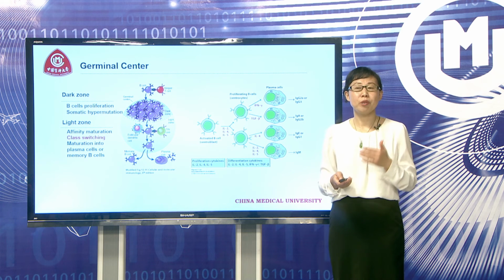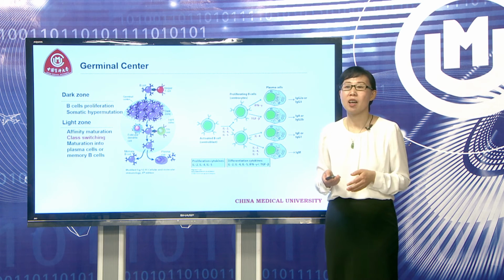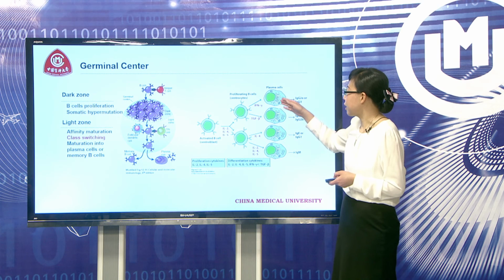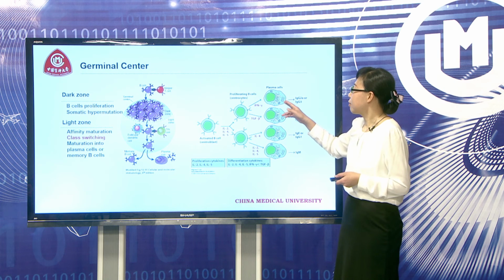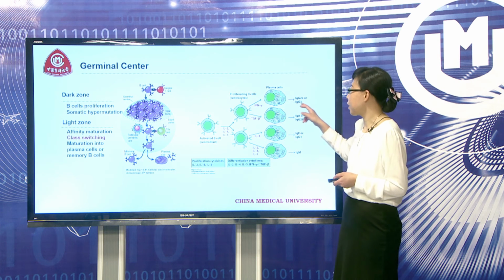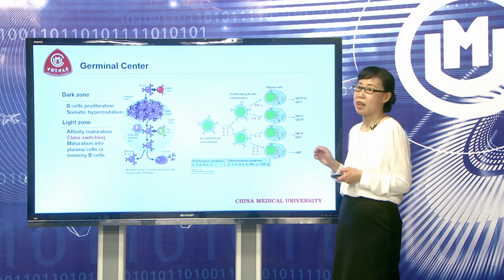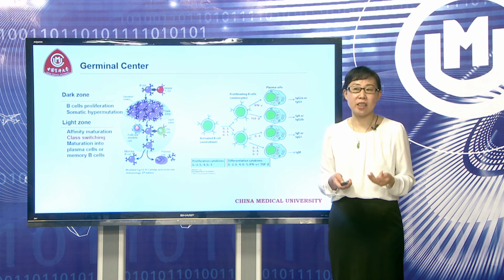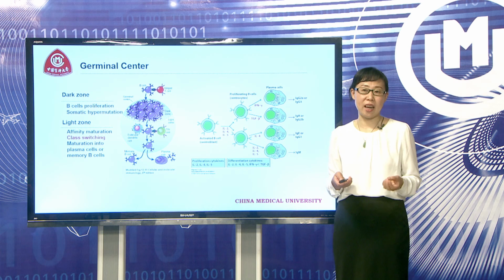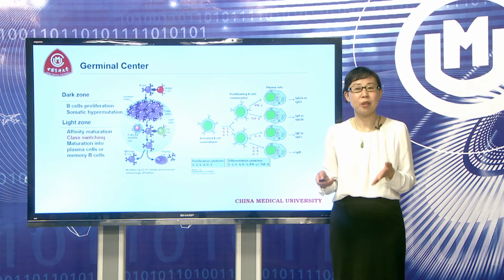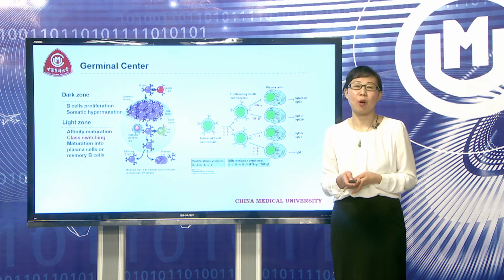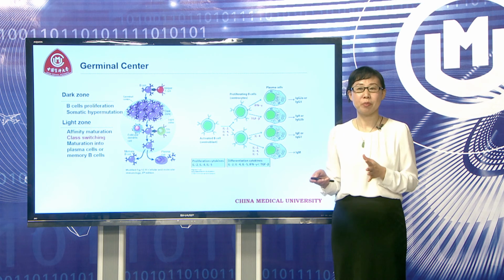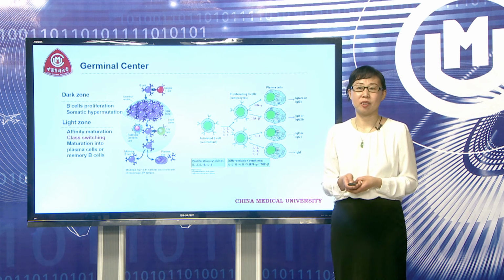In the presence of the different cytokines, B cells can proliferate into plasma cells and then secrete different classes of the immunoglobulin, such as IgG, IgA, IgE, and IgM. So that's the reason why in our body we have 5 classes of immunoglobulin. This step is called class switching.